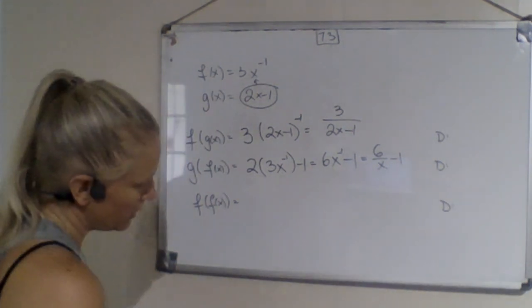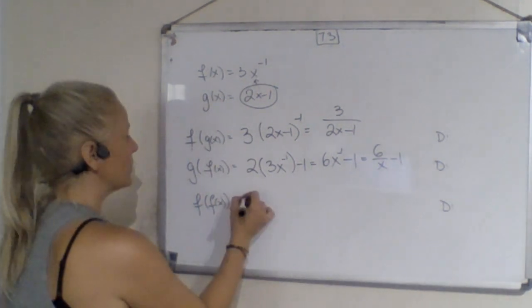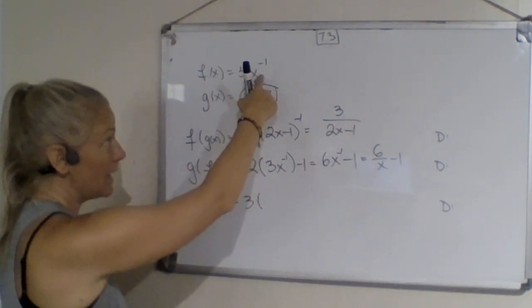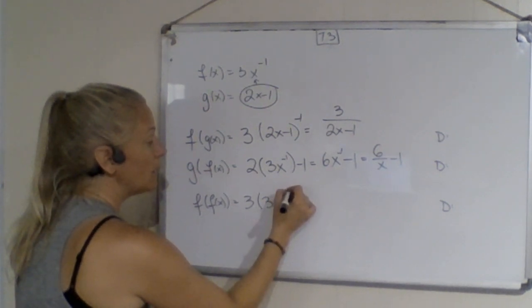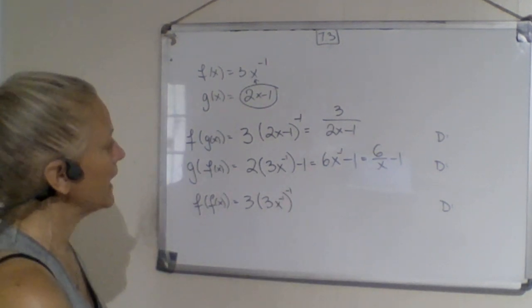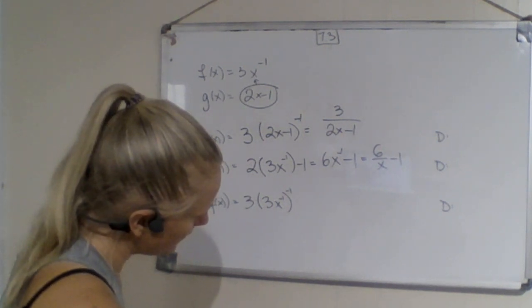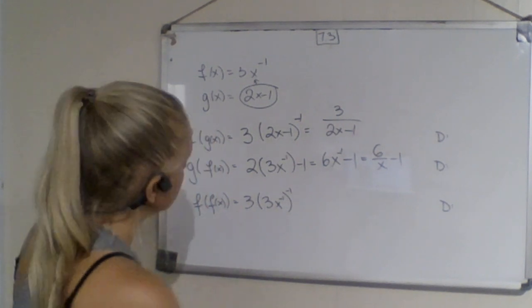And now they want to know what is f of f of x, which means I'm going to write 3. And instead of x, I'm going to write again 3x to the negative 1, and all of it to the negative 1, right? Let's look at what we get here.